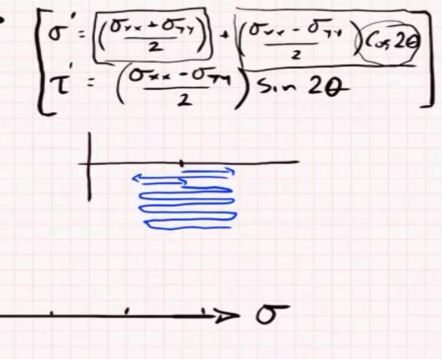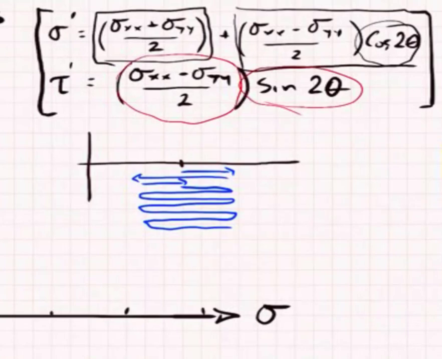At the same time, the shear stress is also oscillating, going through a full cycle as 2 theta goes through 360 degrees, and its magnitude is going back and forth between a positive sigma xx minus sigma yy divided by 2 and a negative value of the same.